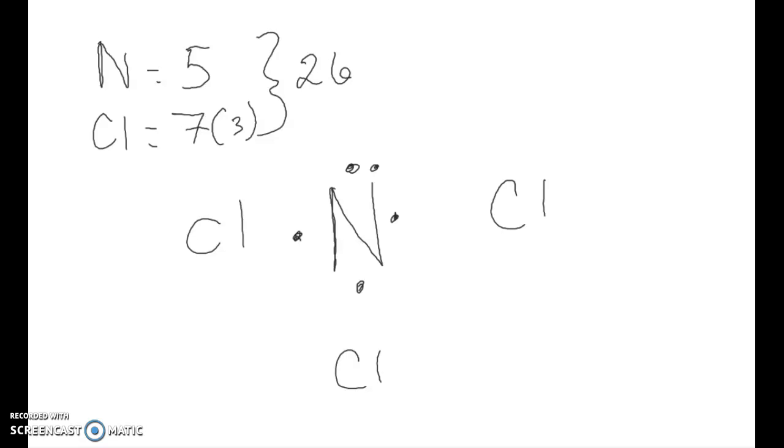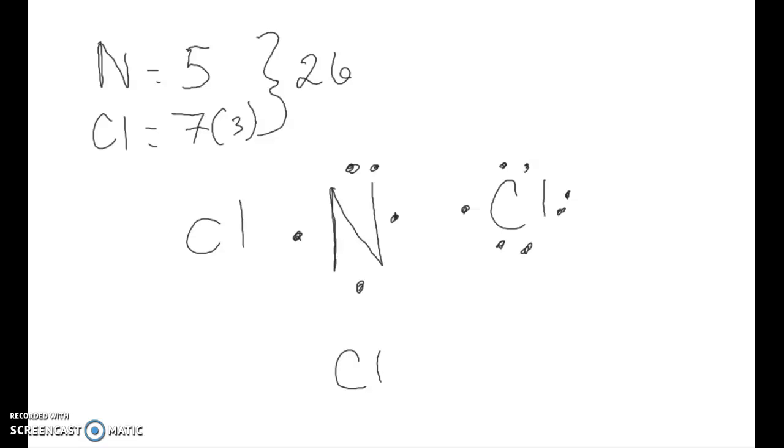I'm going to look at my first chlorine, which is right here. A chlorine we know has 7, so I'm going to draw 1, 2, 3, 4, 5, 6, 7. So that takes care of 1 chlorine. Now I have 1, 2, 3, 4, 5, 6, 7, 8, 9, 10, 11, 12 electrons remaining.